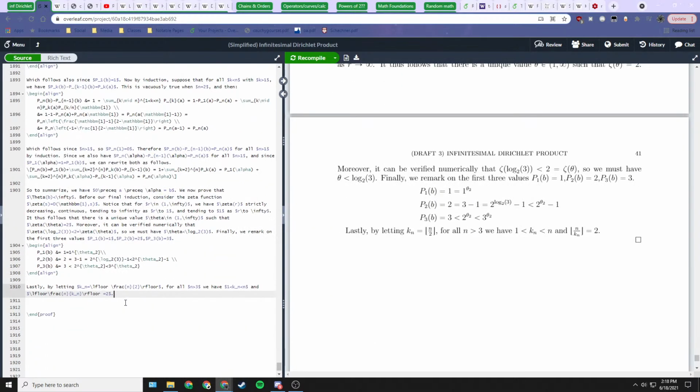Okay, so we've got all our preliminaries set up. So now by induction, suppose that for some n greater than 3, we have that all k less than n satisfy p sub k of b being less than or equal to k to the power theta.